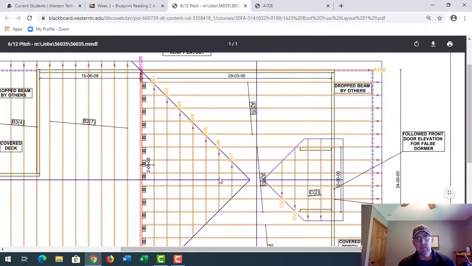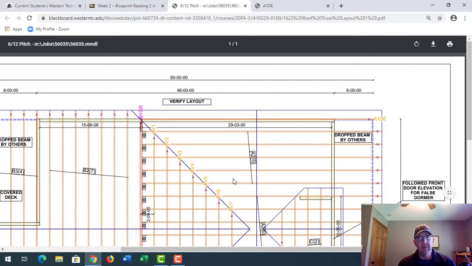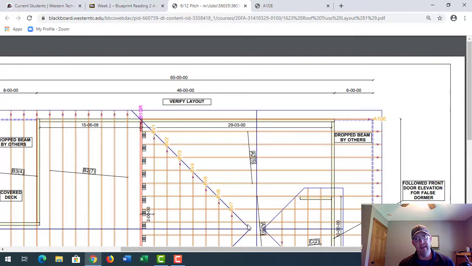All right, so let's look. It looks like right here. So A1DE is going to sit from here, and it's going to go all the way over to there, to where this truss ends, and then we're going to have a valley here.